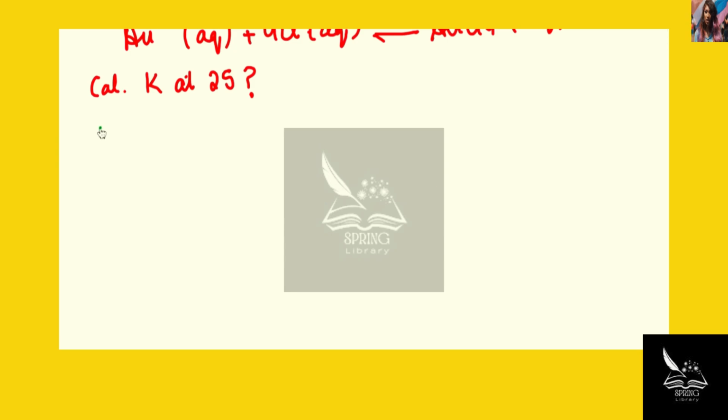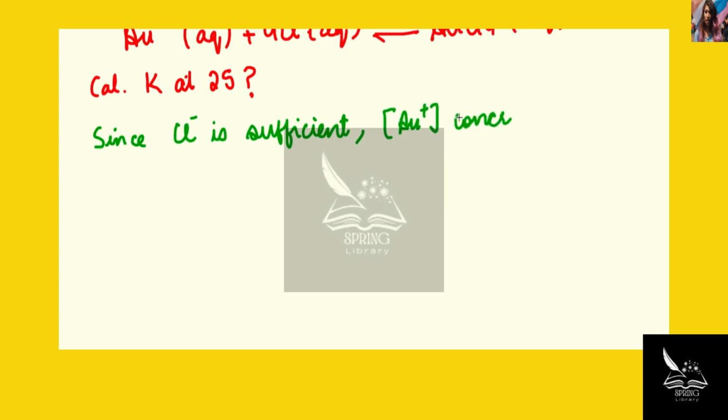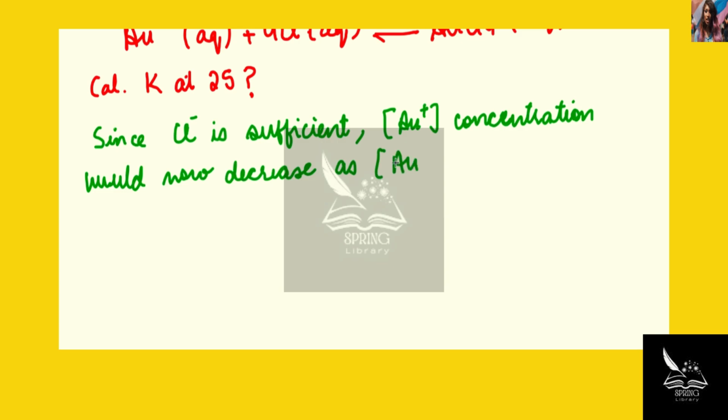What we know is, since Cl negative is sufficient, Au plus concentration would now decrease as AuCl4 increases.